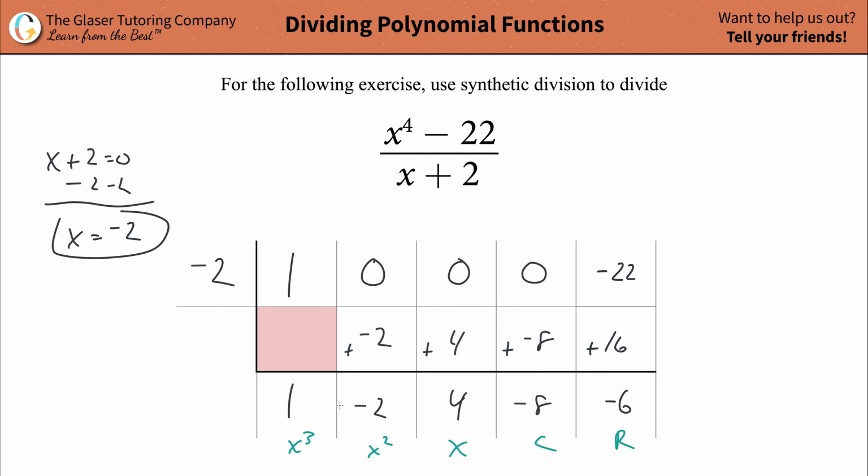Not quotients, plural, but quotient. 1x cubed, then minus 2x squared plus 4x minus now 8, not 8c, just minus 8. And then minus now, put your remainder on the top and your divisor now on the bottom, always.